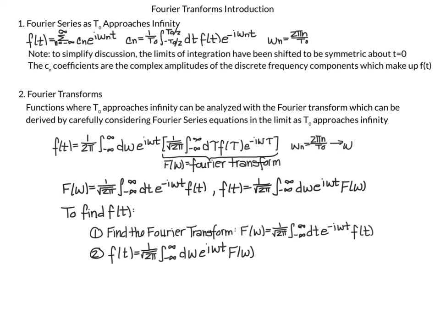But we really haven't, because at this point, this f of t is going to be different from our original f of t, and it is going to be written in terms of sines and cosines. So we'll do an example so you can see that that is the case. We're not just going to end back with our original f of t. We are going to end up with a different function of time that is written in terms of sines and cosines, or e to the i omega t, which is really the same thing.